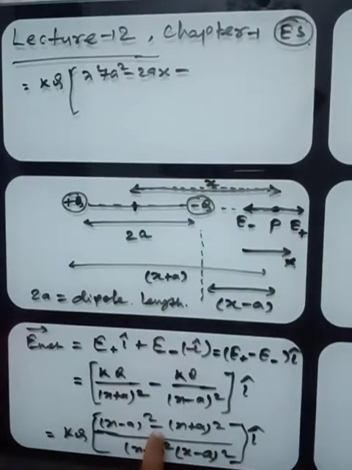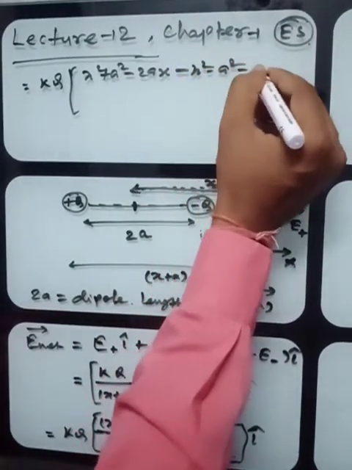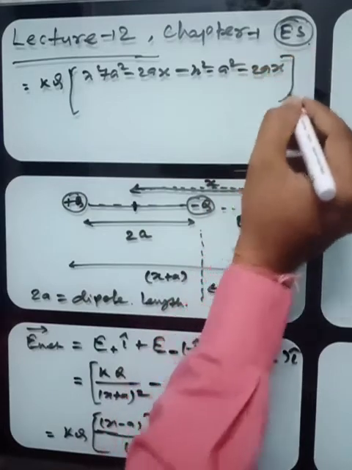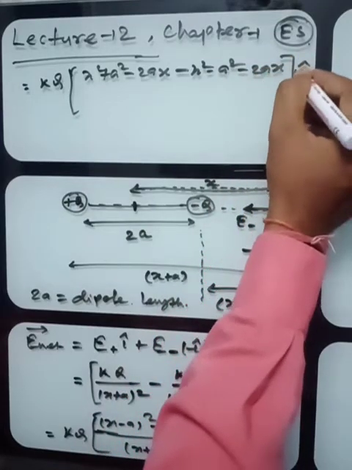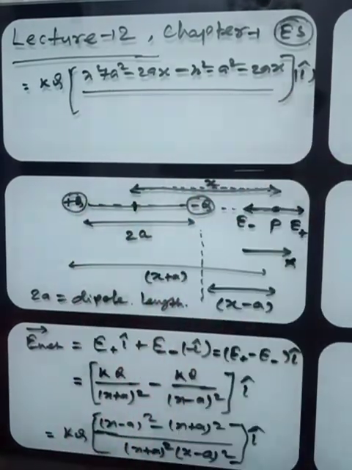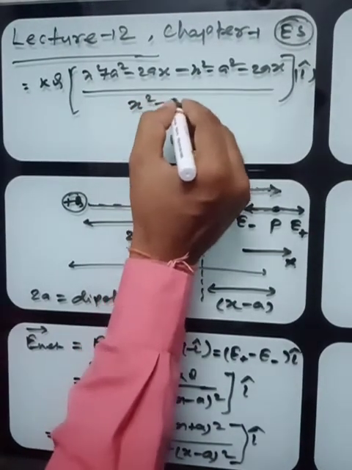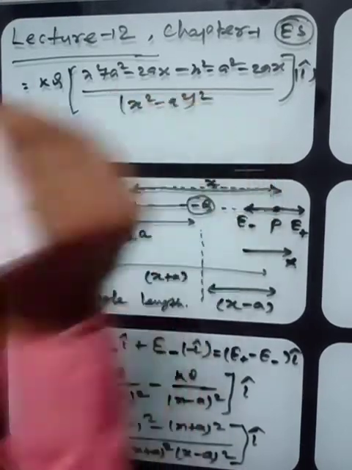With the negative sign, all the terms become negative, so x square plus a square minus twice ax minus x square minus a square minus twice ax, i cap, over x plus a into x minus a whole square, and this is x square minus a square, whole square.